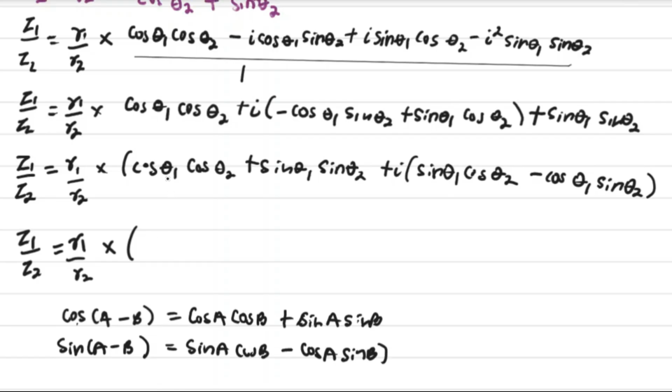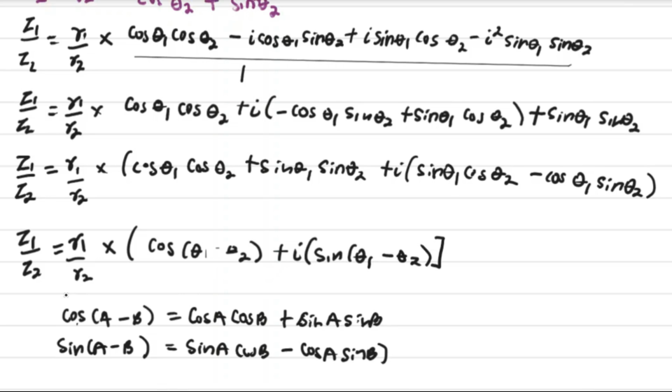So take a look at this. Cos A cos B, cos theta 1 cos theta 2, plus sine A sine B, sine theta 1 sine theta 2, is going to give us cos A minus B, which is cos theta 1 minus theta 2, plus i into sine theta 1 cos theta 2, sine A cos B, our A is theta 1, our B is theta 2, minus cos theta 1 sine theta 2, cos A sine B, is going to give us sine A minus B. So this will give us sine theta 1 minus theta 2.